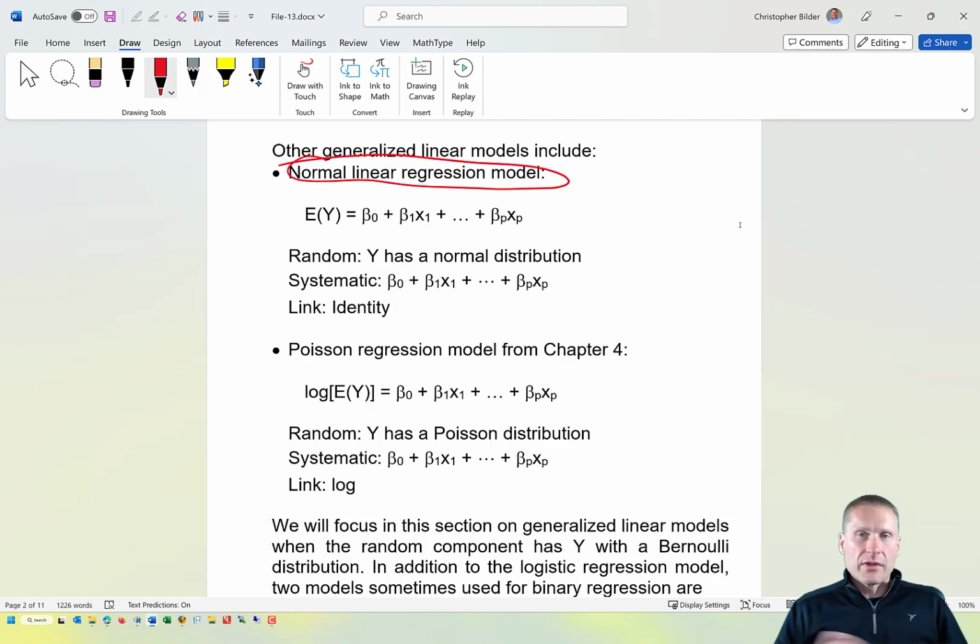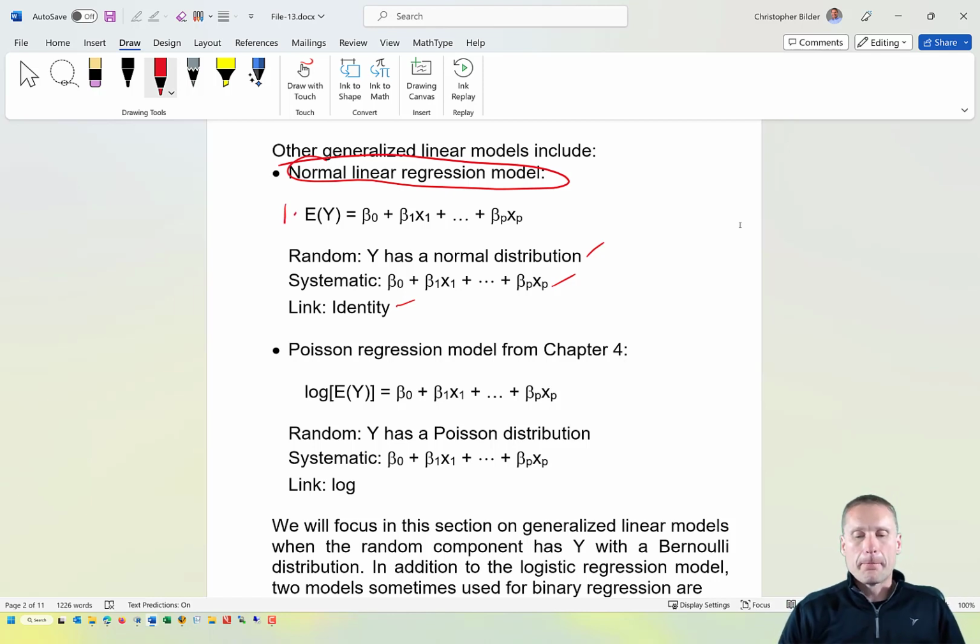This is the standard kind of model that's introduced in an introductory statistics course. In that case, y has a normal distribution. Here's your systematic component, and the link function, linking the expected value of y with the linear predictor part, is simply the identity function, meaning 1 times the expected value of y.